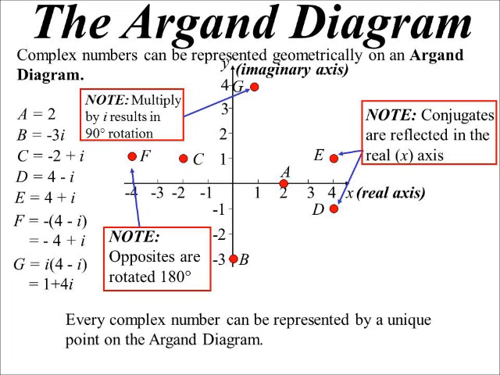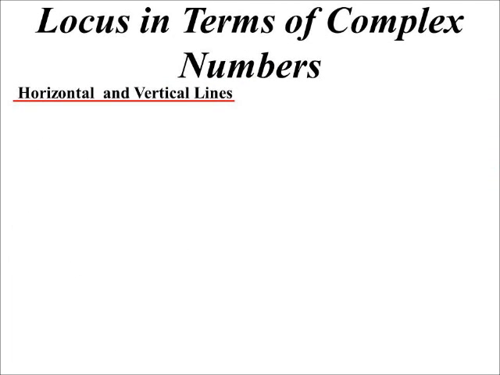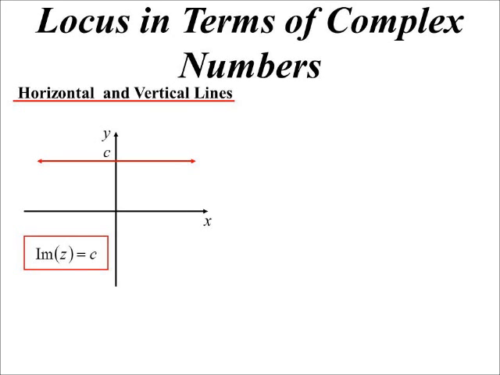So every single complex number has a unique position on our Argand diagram. So I can now describe lines in the Argand diagram similar to the way we did it on the number plane. So a horizontal or vertical line, well, in Cartesian geometry, we would have said, oh, that's the line y equals c.